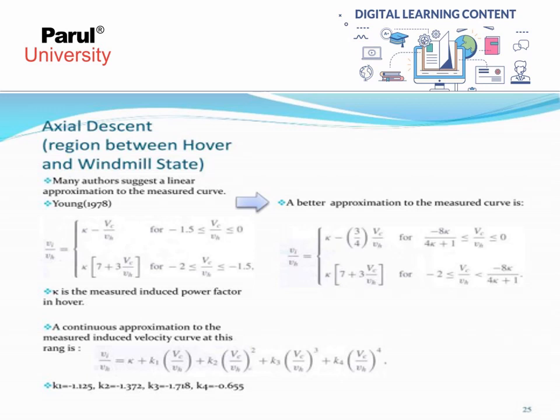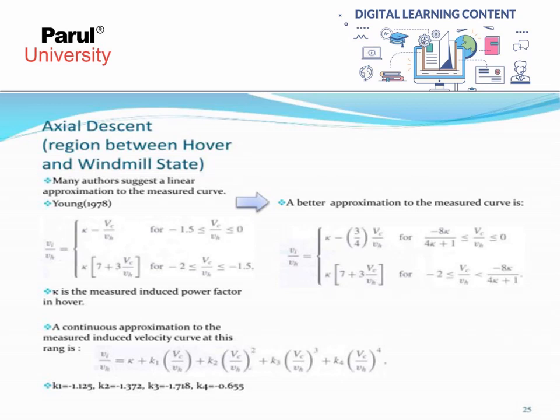A continuous approximation to the measured induced velocity curve in this range is Vi by Vh equal to K plus K1 (Vc by Vh) plus K2 (Vc by Vh) squared plus K3 (Vc by Vh) cubed plus K4 (Vc by Vh) to the power 4, and so on. And K1 is equal to minus 1.255, K2 is equal to minus 1.372, K3 is equal to minus 1.718, K4 is equal to minus 0.655.